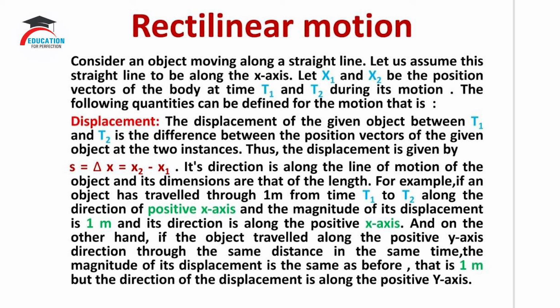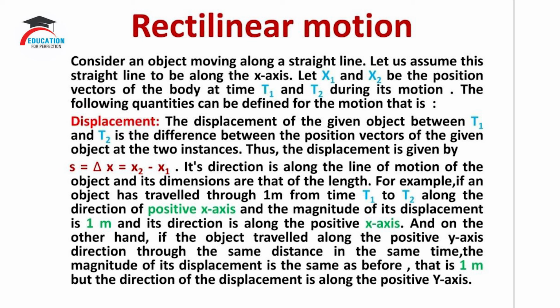Thus, the displacement is given by s, which is equal to delta x, which is equal to x2 minus x1. Its direction is along the line of motion of the object, and its dimensions are that of length.